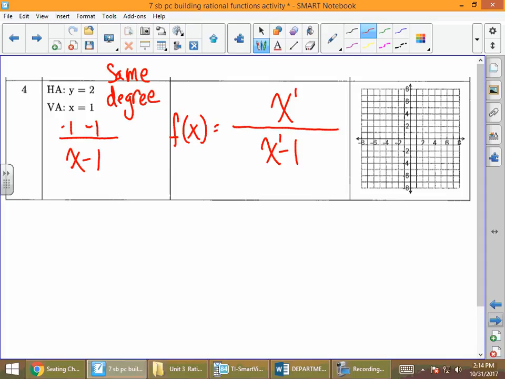In other words, what we can do is we can put this 2 in front of that x, and then our a would be 2, and our b would be 1, and we would satisfy the criteria that we're given of the horizontal of y equals 2 and the vertical of x equals 1.